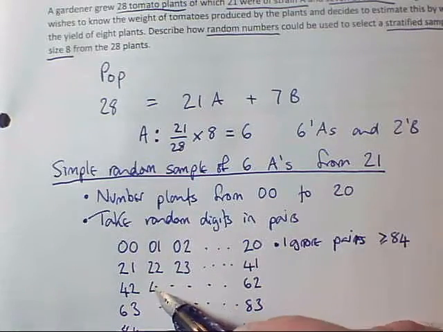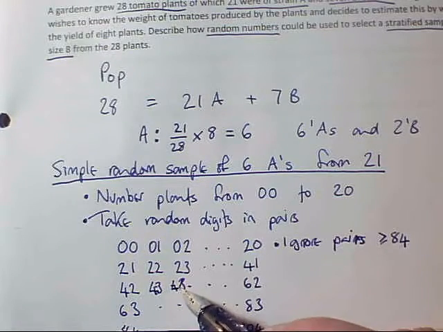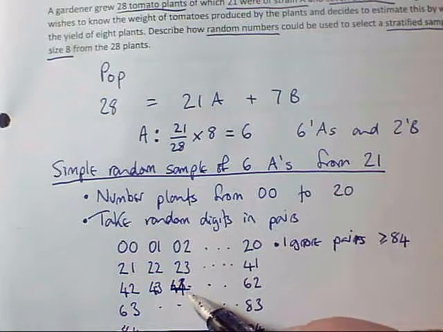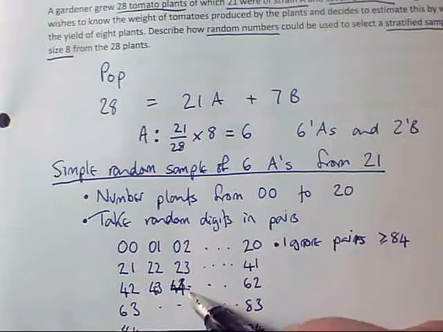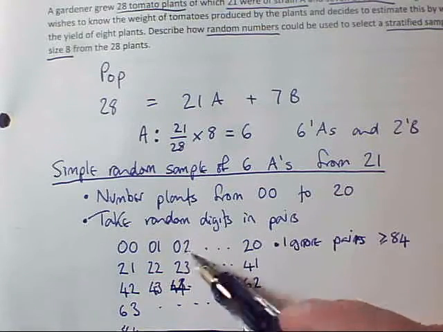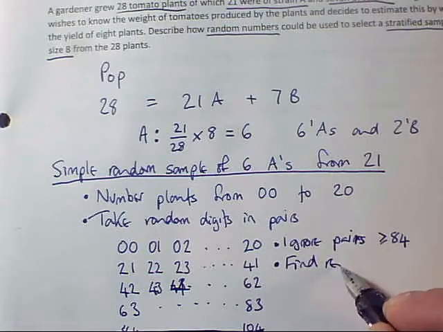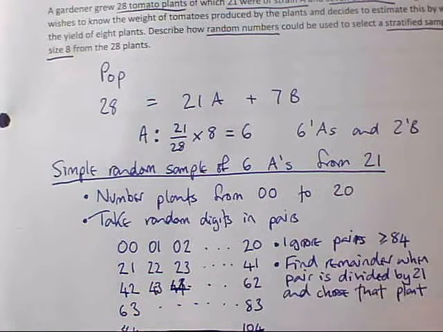So 44 should mean plant 2, and that's because if I do 44 divided by 21, 21 goes into 44 twice, which is 42, with a remainder of 2. So I go for plant 2. So therefore, we find the remainder when the pair is divided by 21 and choose that plant.